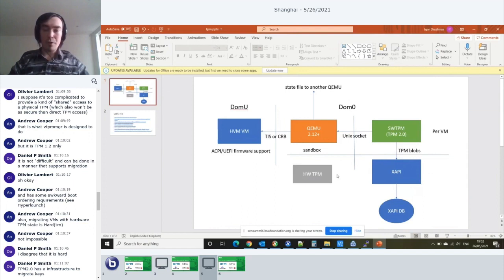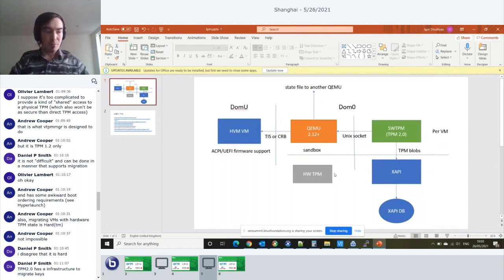So we're getting to a quite important point here. There is a hardware TPM in almost every system now. But the thing is that, differently from vTPM manager, SWTPM is not designed to be linked to a hardware root of trust. Instead, the root of trust is the hypervisor and control domain itself.